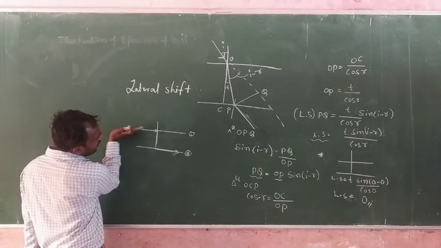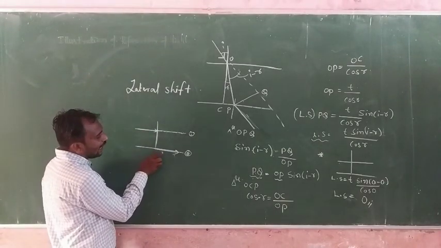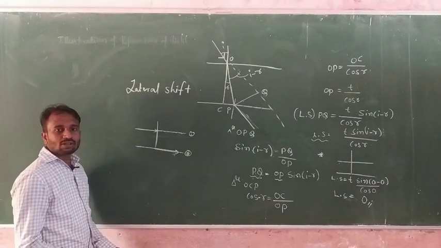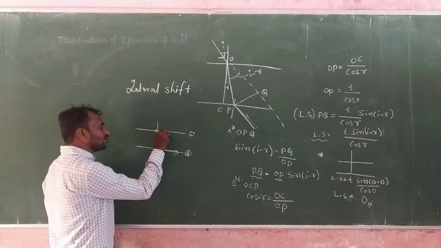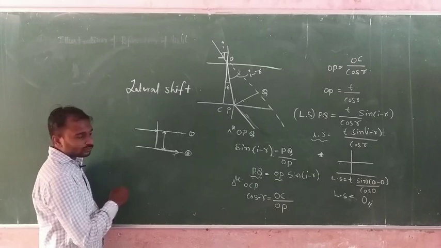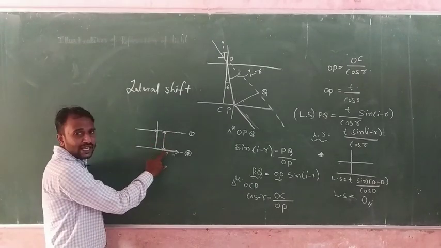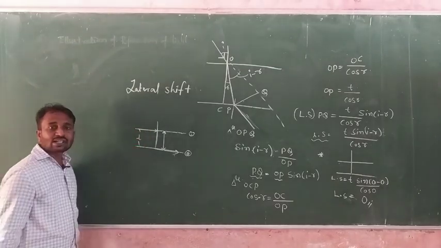So the incident ray is present along the first refracting surface and the emergent ray is present along the second refracting surface. Lateral shift is nothing but the perpendicular distance between the extended incident ray and the emergent ray. So this distance is nothing but the thickness of the glass slab.